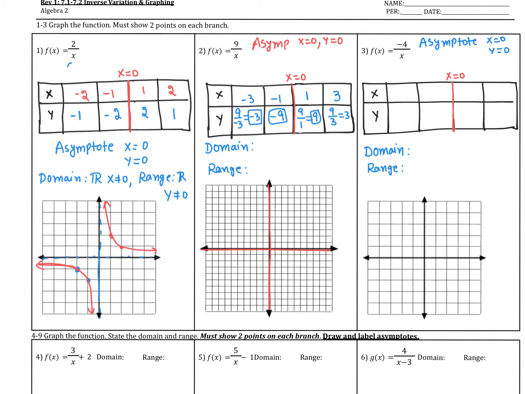So our points are going to be -3 and -3, -1 and -9, 1, 9, and 3, 3. For domain, you can have all real except 0. Same thing, you can have all real except y equals 0.